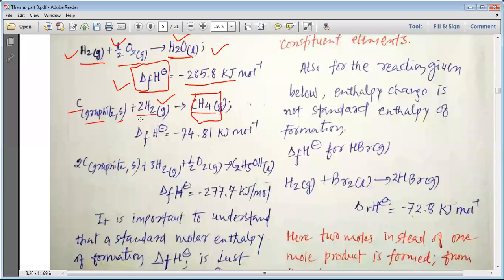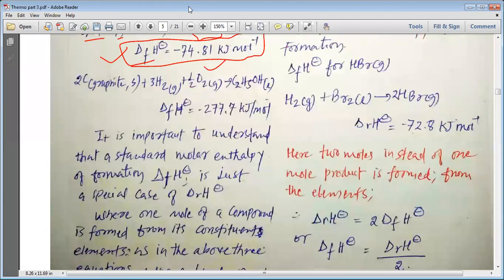From carbon and hydrogen, methane gas is produced, and the change in enthalpy is minus 74.81 kilojoule per mole. It means energy is produced when methane is formed, and this is known as the standard molar enthalpy of formation of methane. This is the energy produced when 1 mole of methane is produced from graphite carbon and hydrogen gas in their standard states.